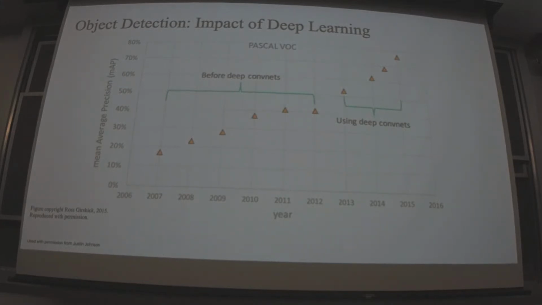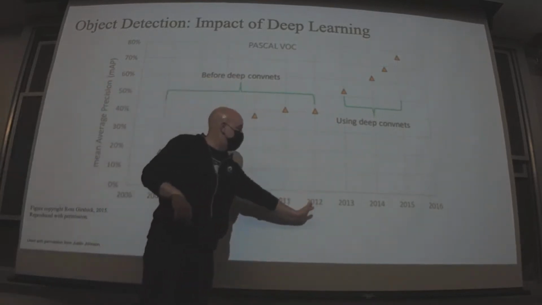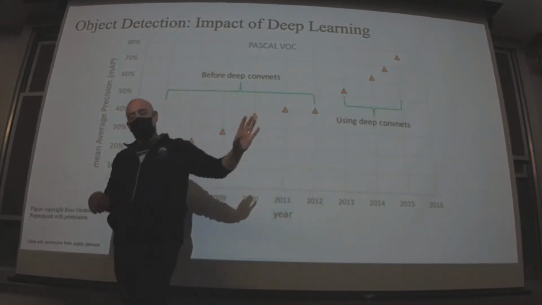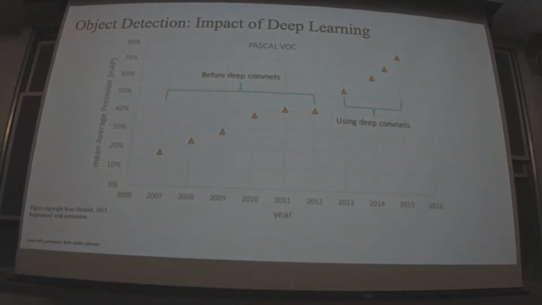There were other competitions going on at the same time as the image classification competition that were specifically for object detection and used different kinds of data sets. Around that same time, in 2012, AlexNet wins the classification competition, and in 2013 you have things like RCNN competing in these tasks and starting to make massive improvements.